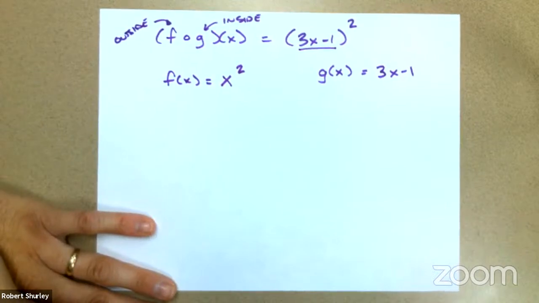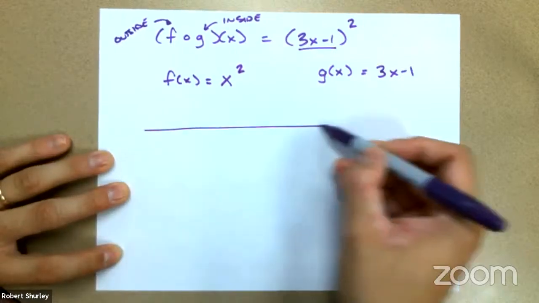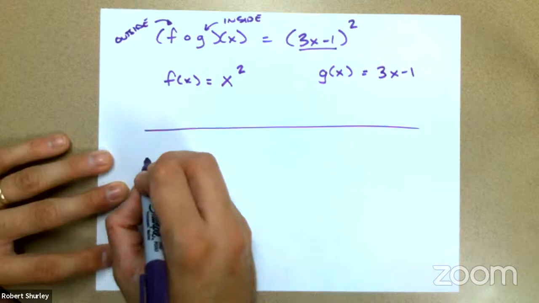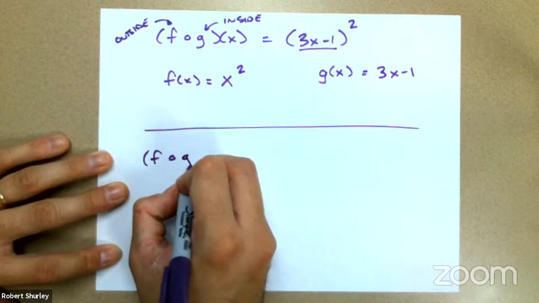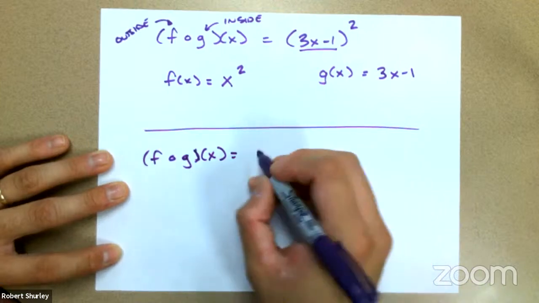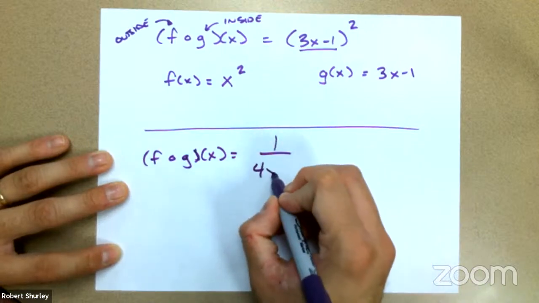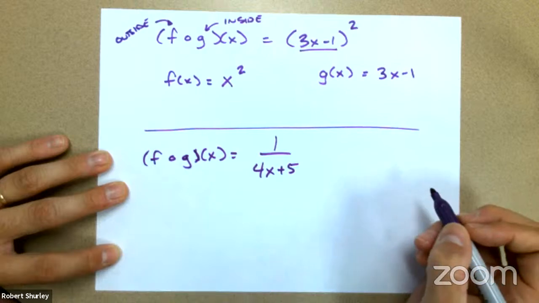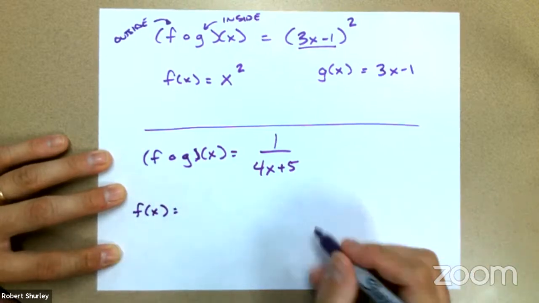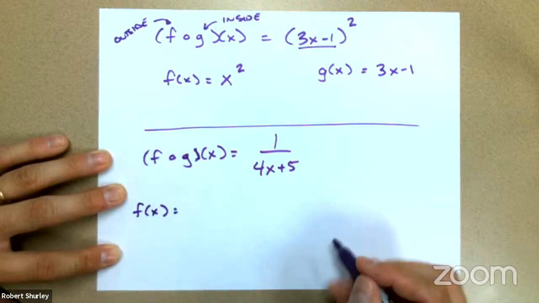Let's try another one. Get your brain thinking. I'm going to steal this one from the book. Let's say I've got f composed of g of x, and it's 1 over 4x plus 5. Again, I want the outside function. Remember, this is the outside function because it's to the left.